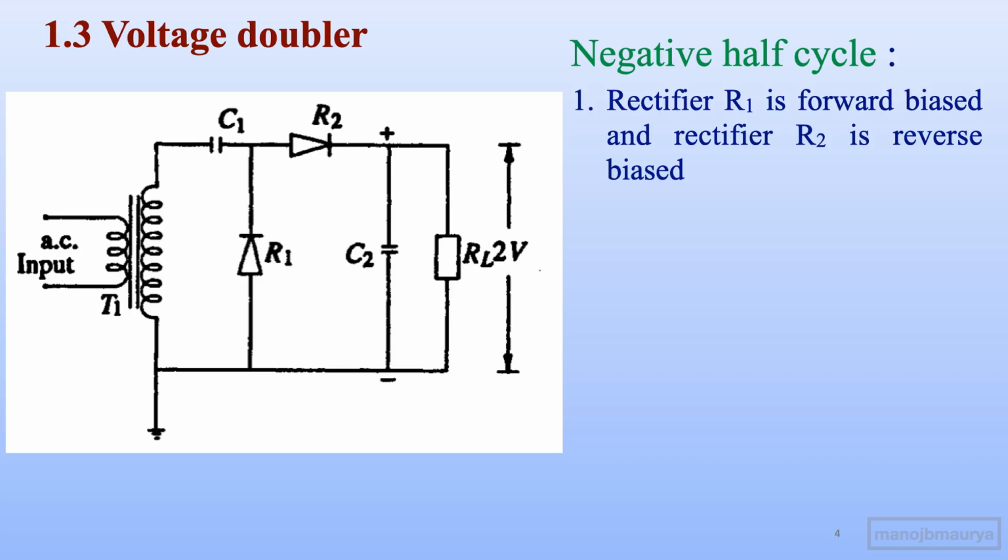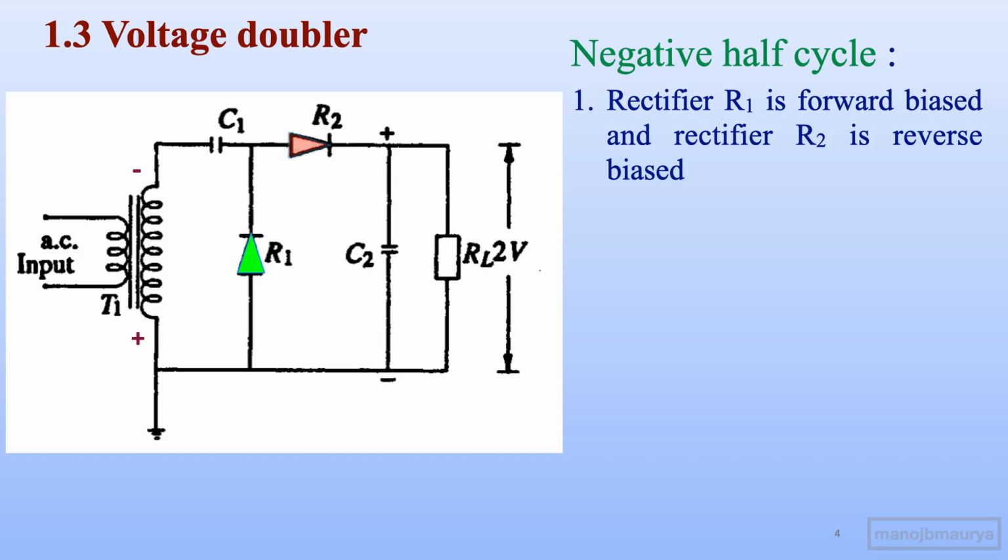For understanding the operation, kindly pay attention to the animation shown on the circuit diagram for clarity in explanation. We can see here the polarity during the negative half cycle has been shown with the lower terminal positive for the transformer secondary and the upper terminal negative.